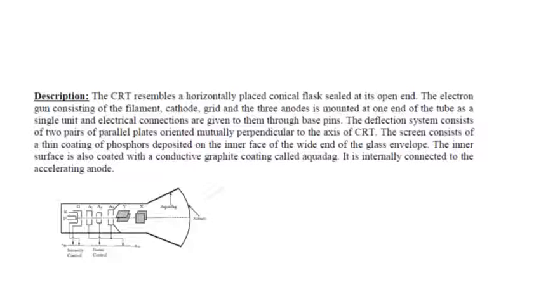An additional electron will pass through this aquadag conducting coating. Sometimes this may be asked specially: what is the role of aquadag here? What is the role of deflection plates here? What is the role of anodes here? What is the role of grid here? We can write a few lines one by one on these roles.